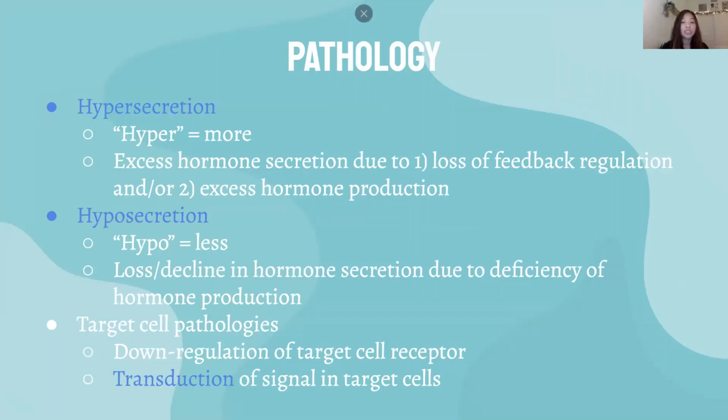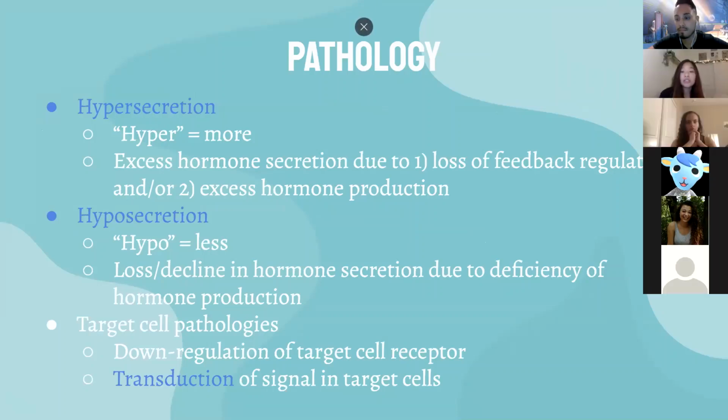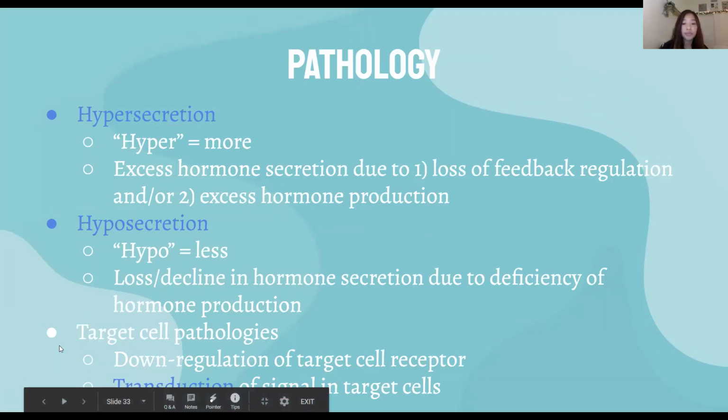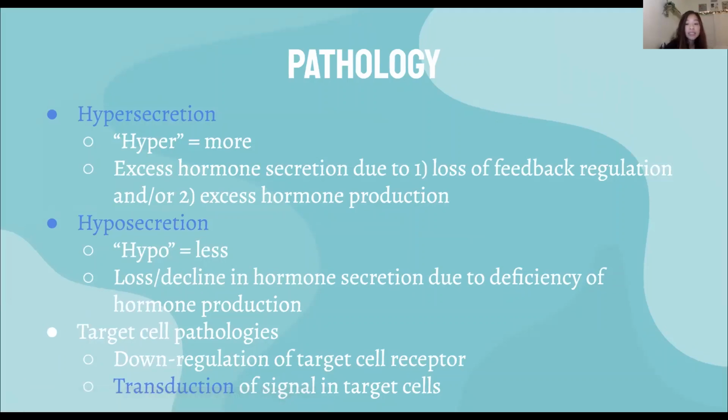Whereas hyposecretion is less, so it's the loss or decline in hormone secretion due to deficiency of hormone production. For target cell pathologies, there can be downregulation of target cell receptors and issues with the transduction of signal in target cells, which can lead to endocrine pathologies.